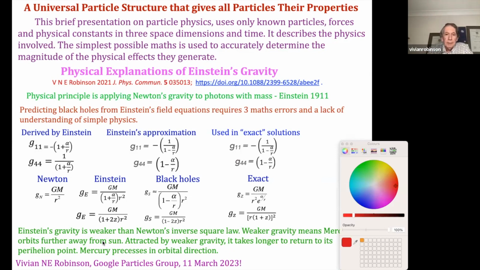It's also attracted by a weaker gravity, so it takes longer to return to its perihelion position, and therefore it returns a little bit later in each orbit, and that is why Mercury's orbit precesses. Now, gravity being weaker than inverse square, causing a planet's orbit to precess, was worked out by Newton in 1687.